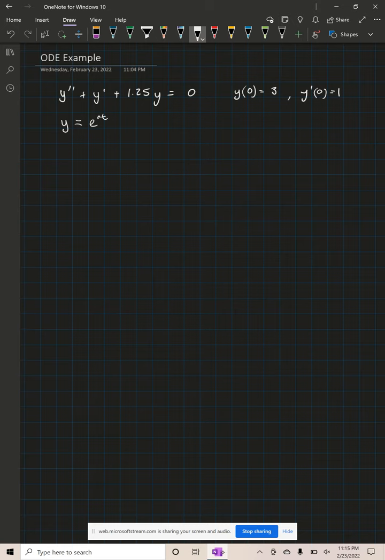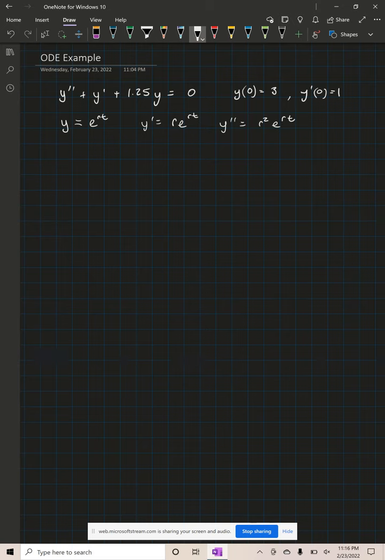We know that taking the derivative of e to the rt is essentially just the same. So next I'll take the derivative of this, which is y prime, r e to the rt, and then the derivative of that, which is r squared e to the rt.